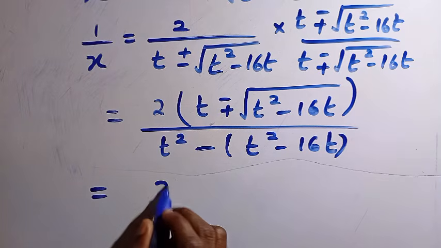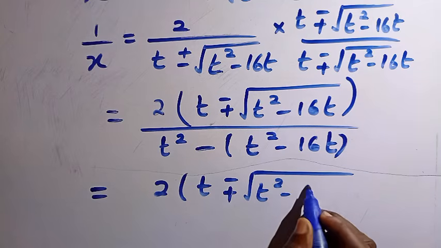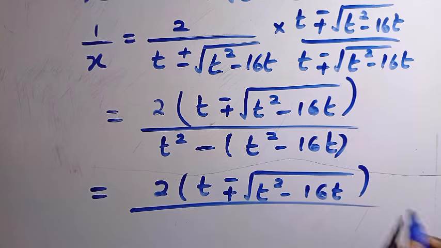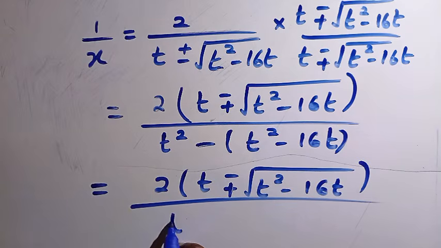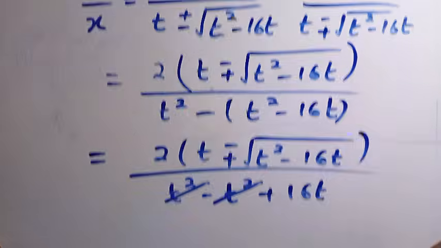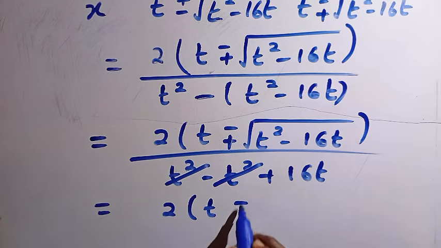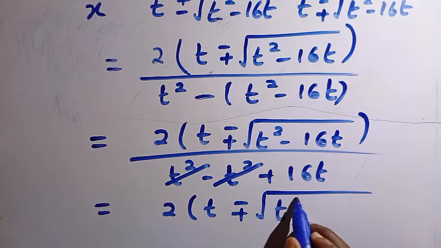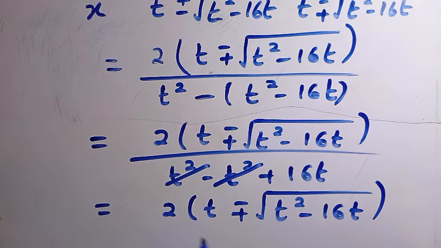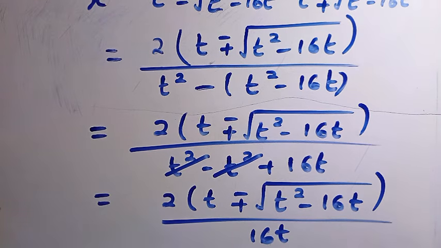After this, we have 2 brackets t minus plus the square root of t squared minus 16t, all divided by, let's open this bracket, t squared minus t squared plus 16t. So t squared cancels t squared. This side we have 2 brackets t minus plus the square root of t squared minus 16t, all divided by 16t. So 2 cancels 2 from here, and this remains 8.